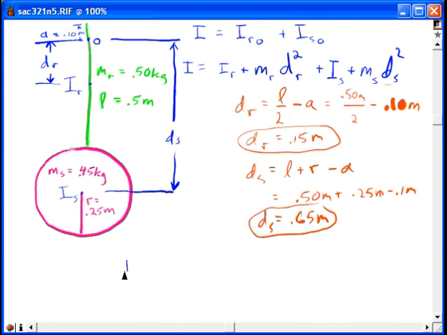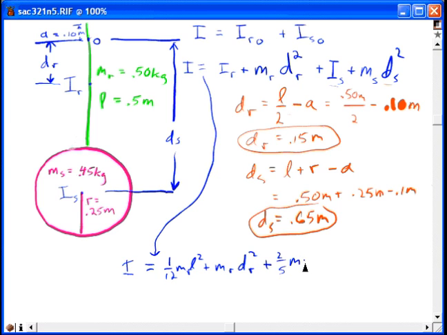So we got I is equal to, and I'll tell the reader where this one came from, the 1/12 m L squared, that's the mass of the rod, plus the mass of the rod times the d r squared, just found a value for that, plus, now the moment of inertia of the sphere was given as 2/5 m r squared, where the m is the mass of the sphere, so I use m sub s, and then plus our last term, m s d sub s squared.